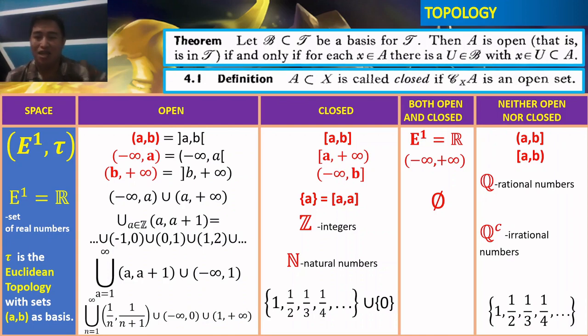Okay, now class if atong Q class karon is the set of rational numbers ato ibutang set of rational numbers. Okay, so mao na tong i-show if open ba siya or dili. Okay, current class.